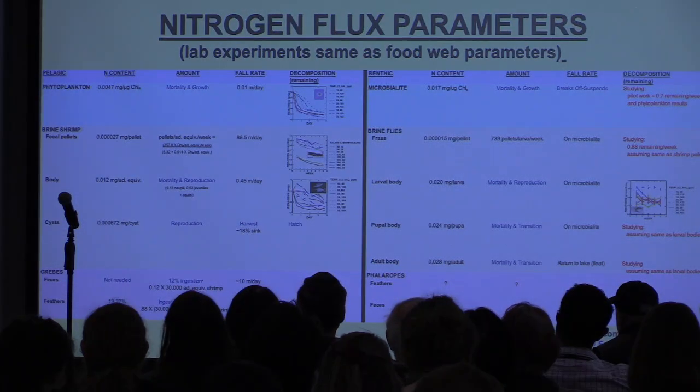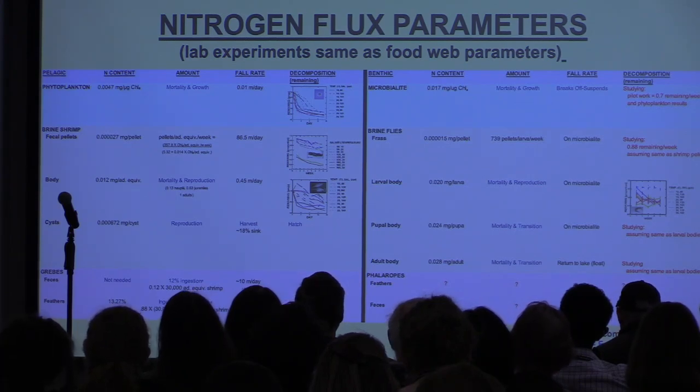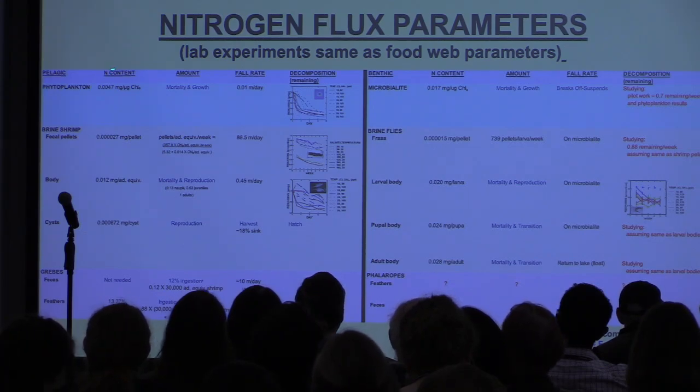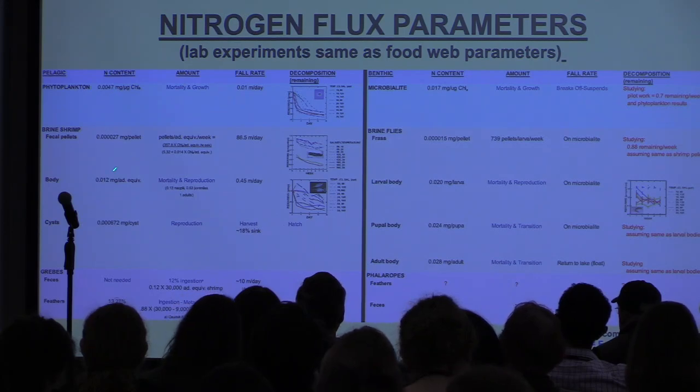What data do we need to be able to measure nitrogen cycling? Well, we need a number of very different things than what we needed to get at the food web model. First of all, we need to get nitrogen content of the different pelagic environment components and of the benthic components.